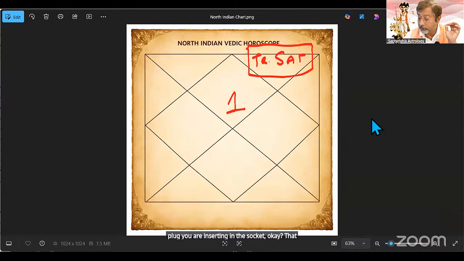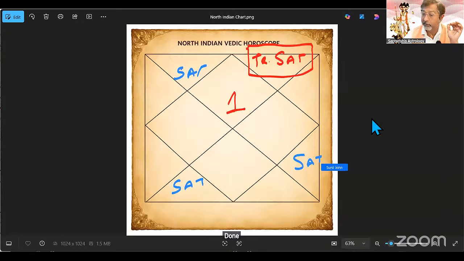That means your positive, negative, or your plug you're inserting in the socket. That means natal Saturn should be here, here, or here. Done, everybody? If you are advanced, Saturn can be here, not here.